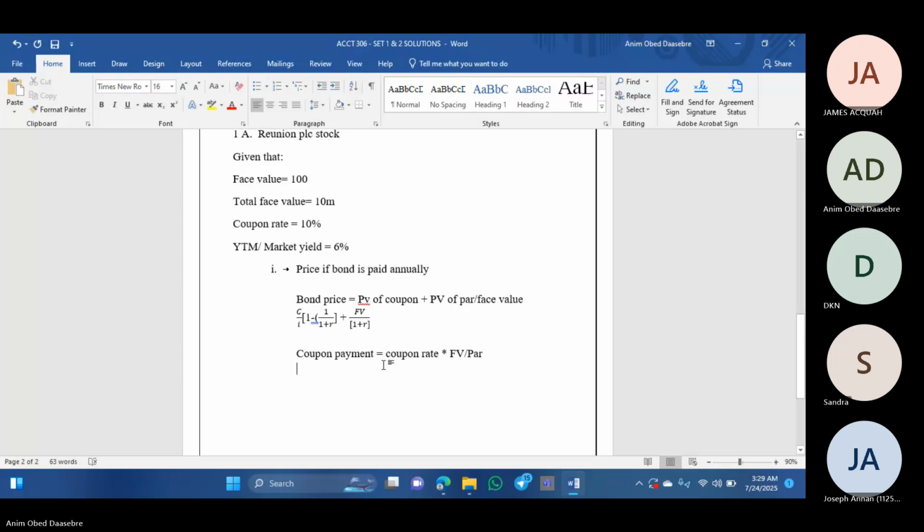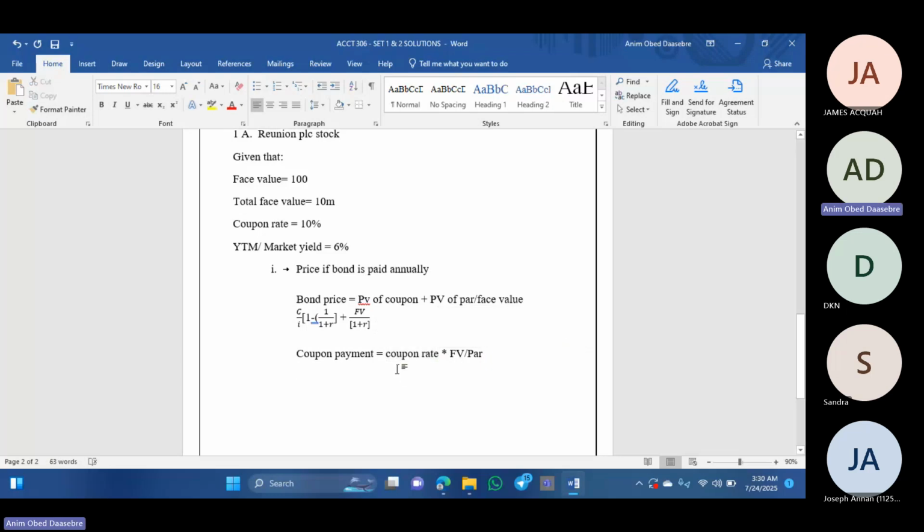If it is paid annually, that means you use the same rate. You are not going to do any adjustment to the rate because it is annual. The coupon rate is always given in annual terms.